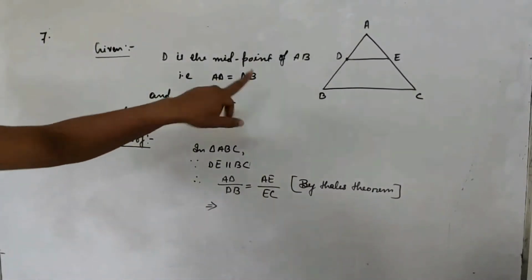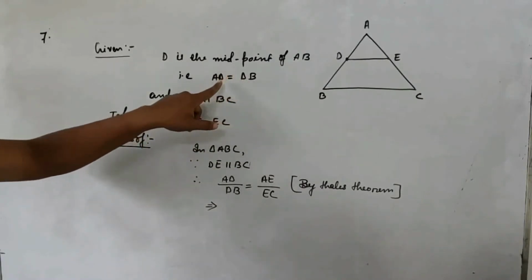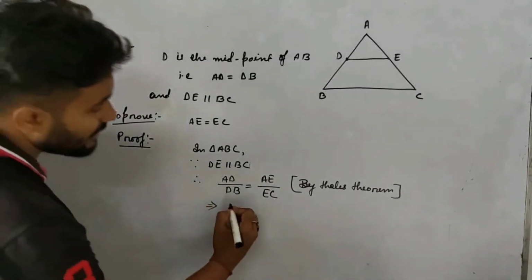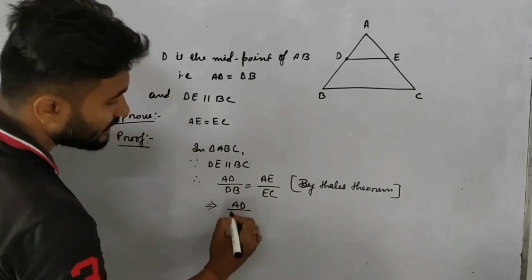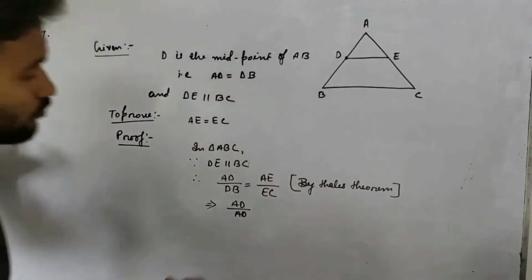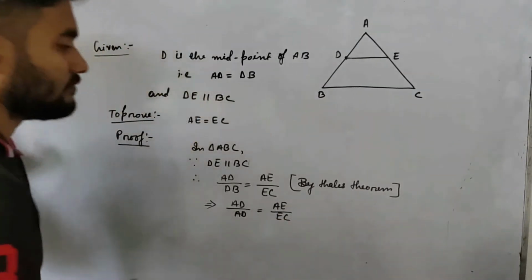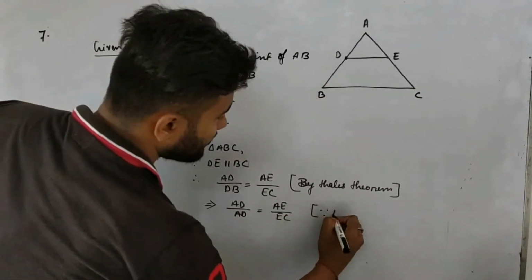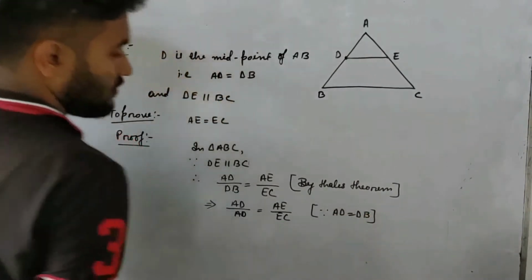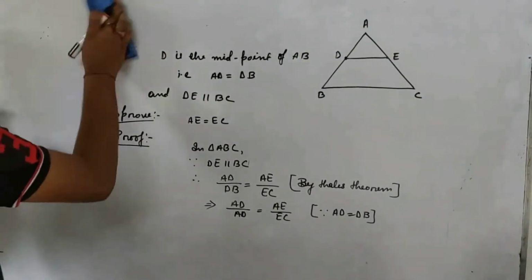Now keep on solving this one, which implies, see AD is equal to DB. Yes, AD and DB are equal. So in place of DB I can write AD, or in place of AD I can write DB. So AD by AD, which will be equal to AE by EC. Now almost done this question.